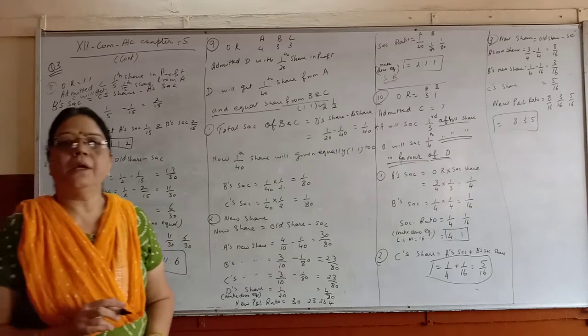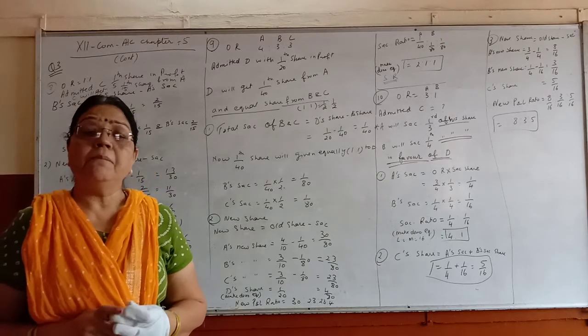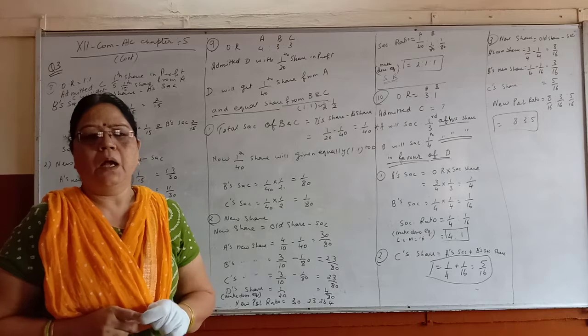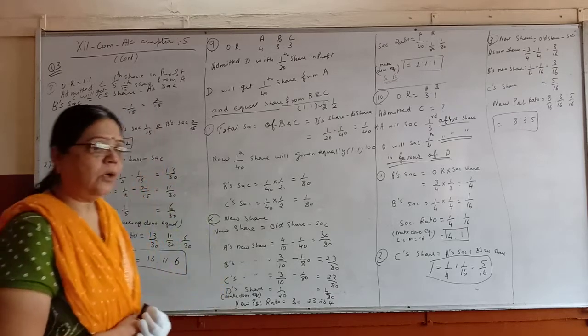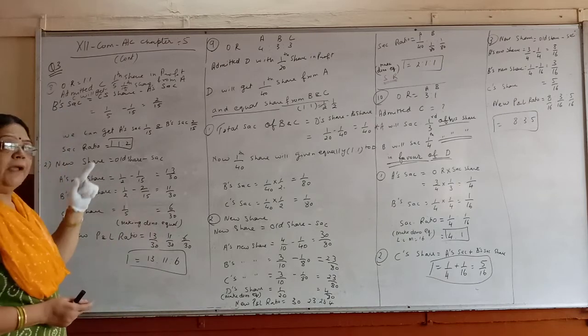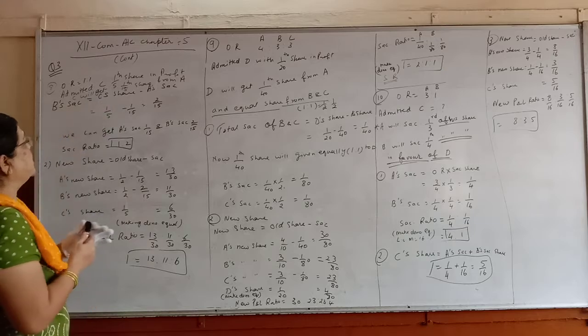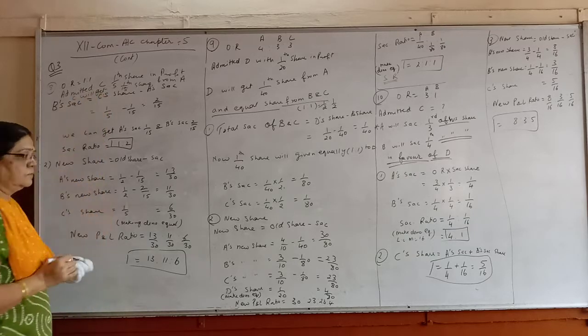So first we have to find out how much B is going to sacrifice. B's sacrifice will be C's share minus A's sacrifice.